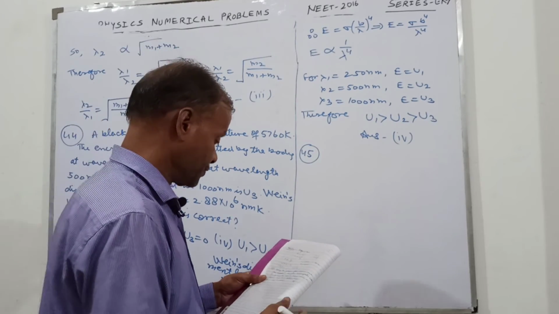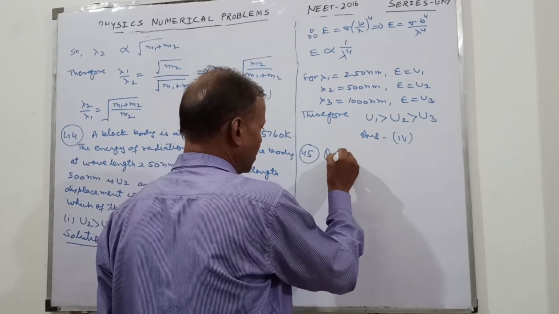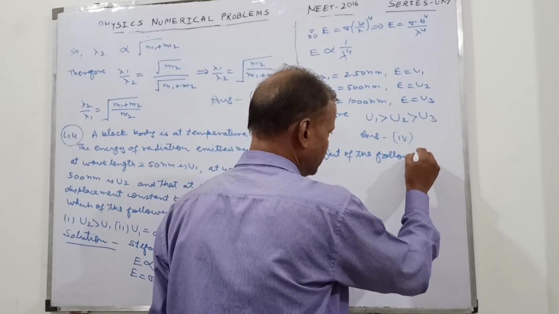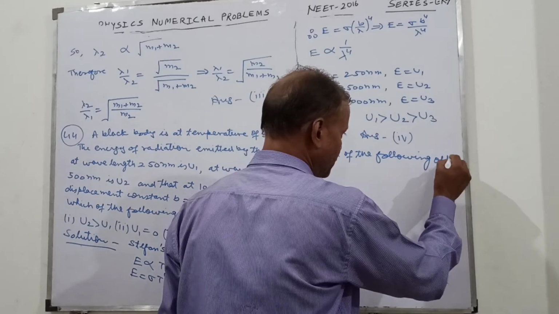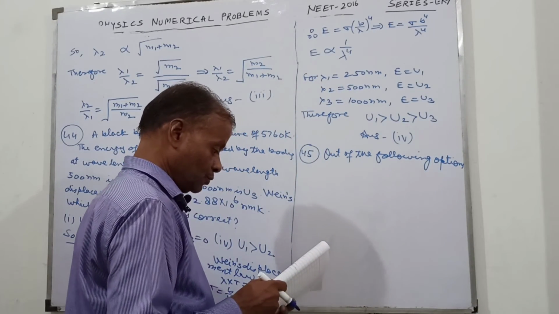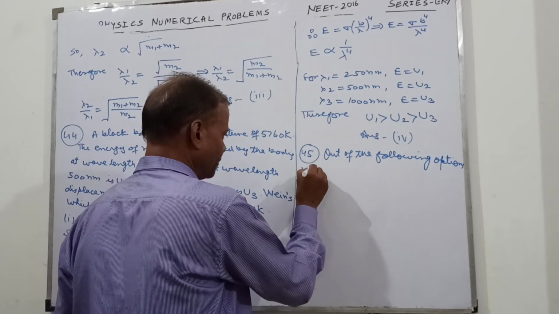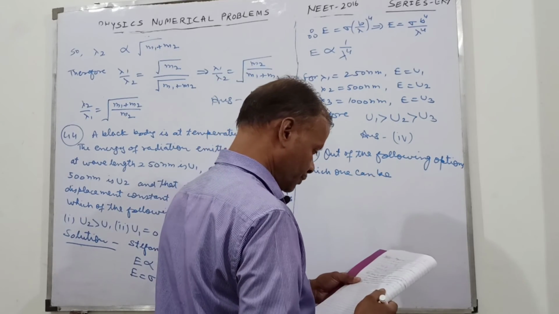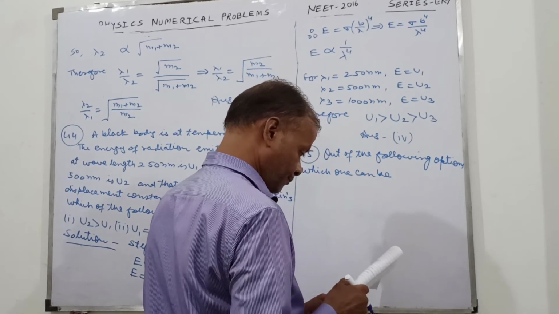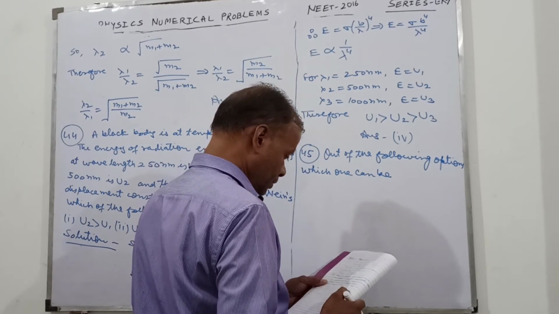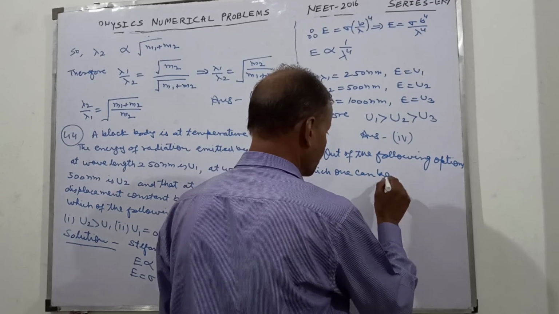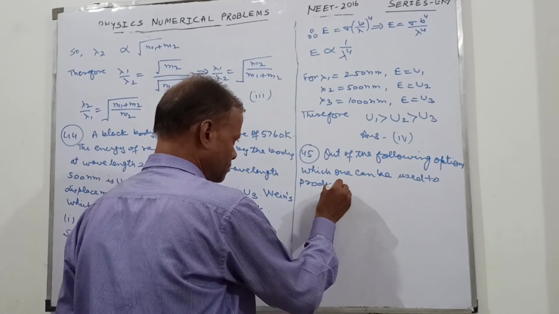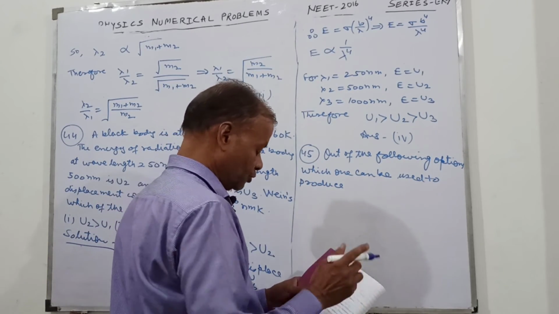Out of the following options, which one can be used to produce a propagating electromagnetic wave?